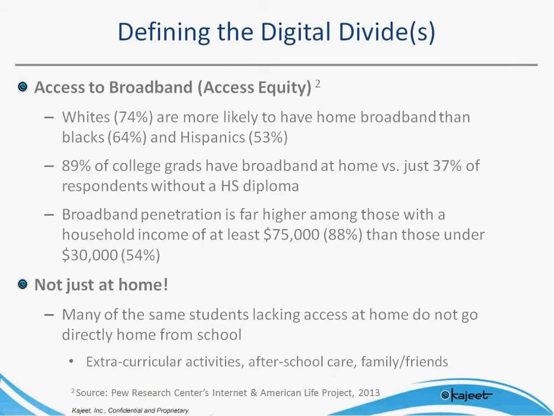So that's a 30+% difference in access. 54% of the under $30,000, that means we have 36% that don't.